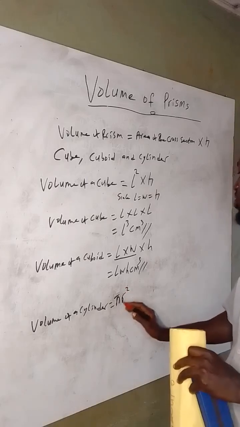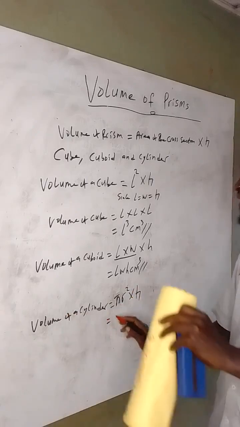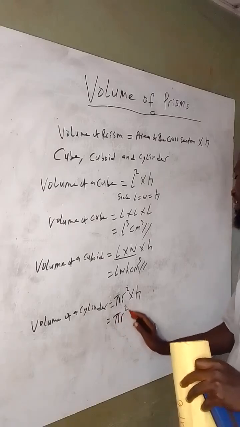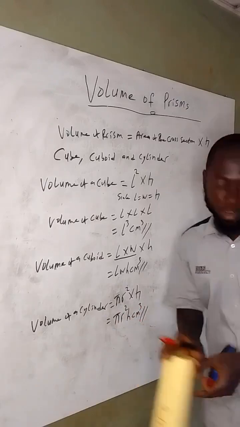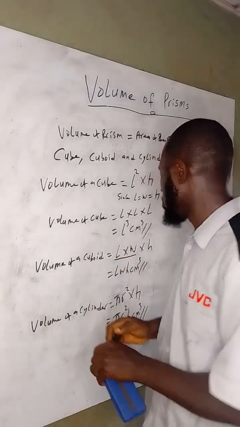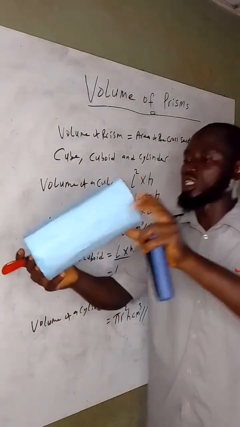This is the area of the cross section, multiplied by the height to give us the volume. That is why the volume of the cylinder is pi r squared h centimeter cube. Centimeter cube is the unit for finding the volume.